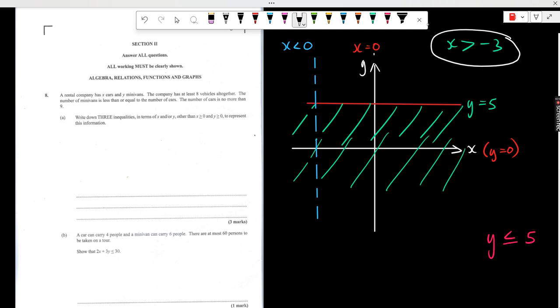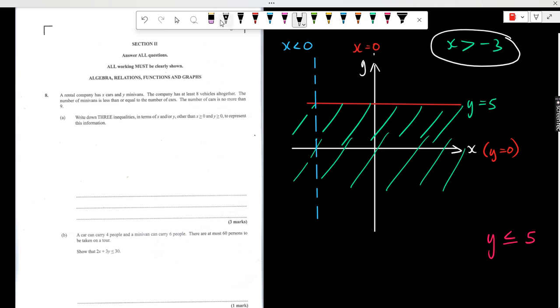No. So x equals negative 3 cannot be included, and for that reason we draw the line broken. Whenever it's just a greater than or less than sign, we use a broken line. However, if it includes or equal to, we use a solid line.